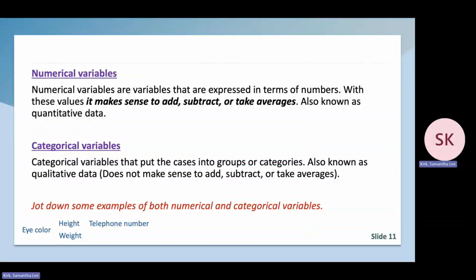So this is how I try to keep them straight. If you get confused, just because it has numbers doesn't make it a numerical variable. You have to be able to add, subtract, and take averages. So telephone number is a categorical variable. Another one that could contain numbers in it would be like a student ID number.